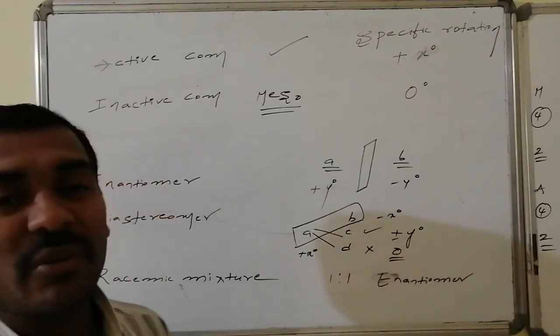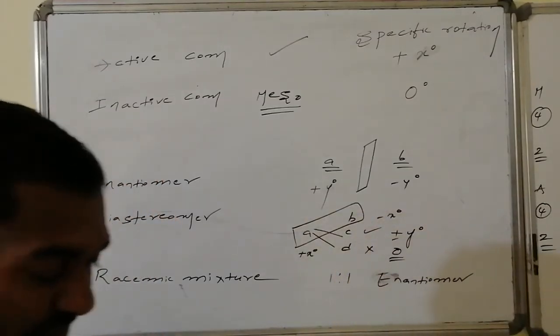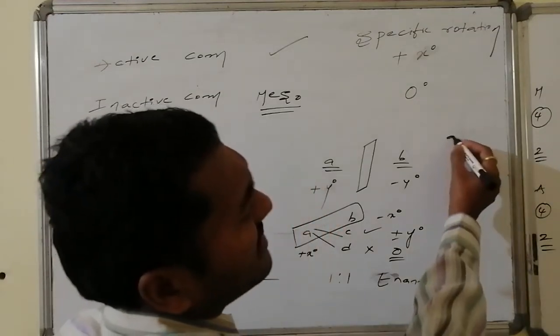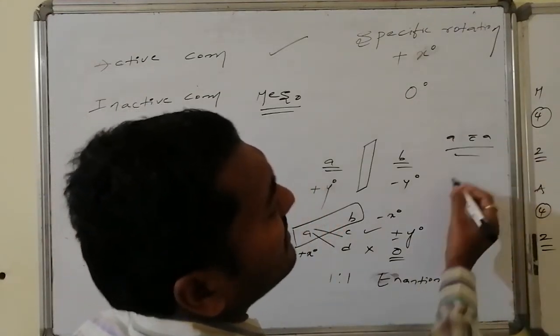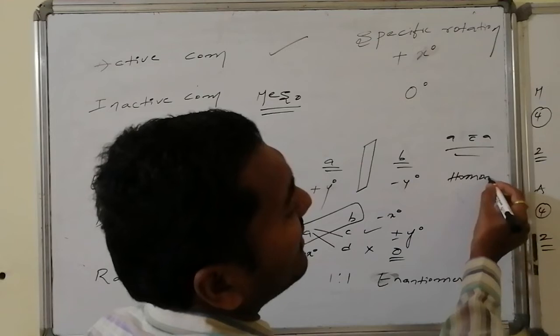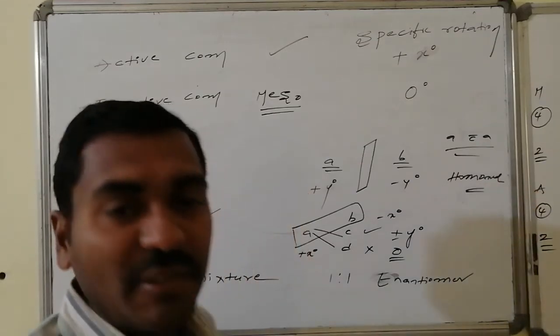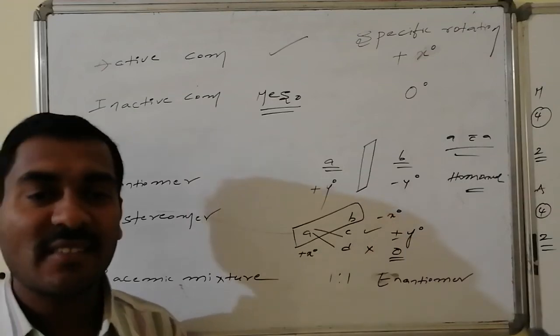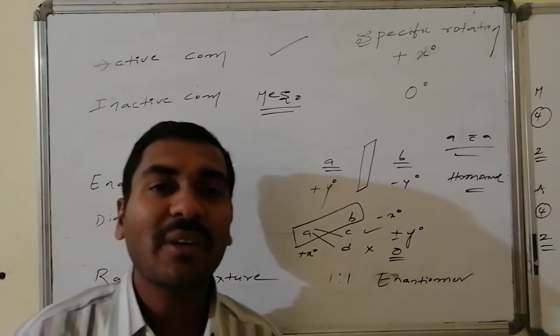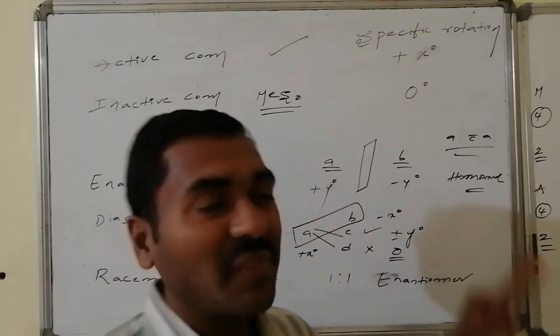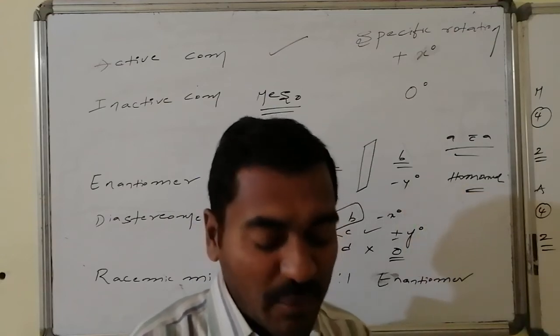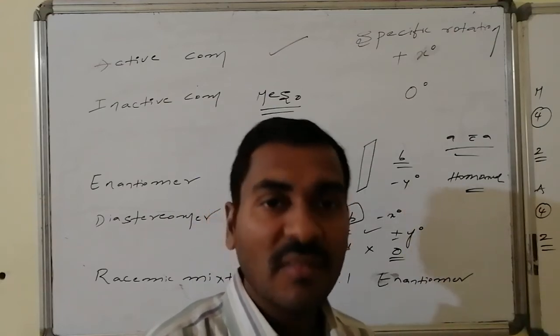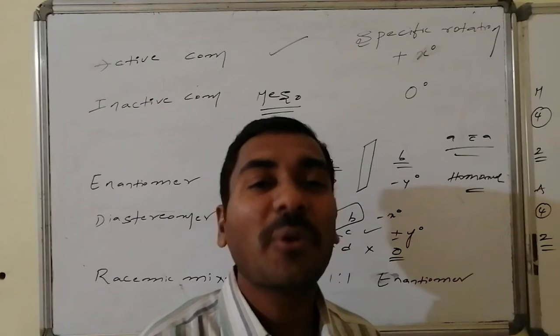Such a compound is said to be what? Meso compound. Whereas the relation of A with respect to A is said to be the homomer relation. A with respect to A is not an enantiomer relation, nor a diastereomer relation. This relation is known as what? Homomeric relation. The same compound with itself has a special relation, said to be the homo relation.